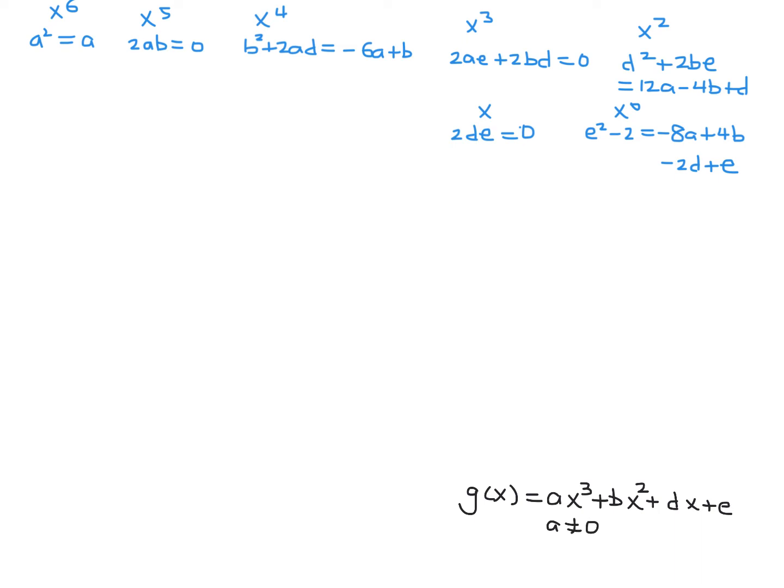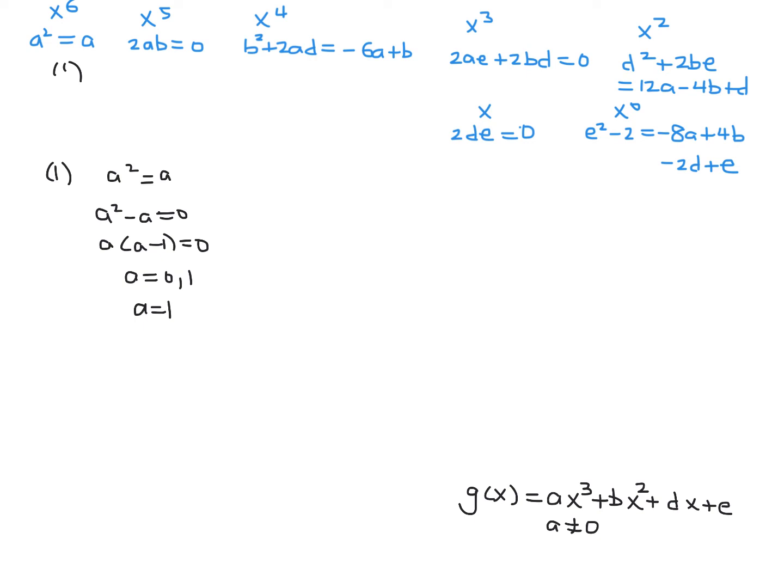From equation 1, a squared minus a squared equals a, so a squared minus a is equal to 0. Factor out the a, and we get a(a minus 1). Therefore, a is equal to 0 or 1, but a can only be 1 because a cannot be 0. All right, great. We got the value for a.